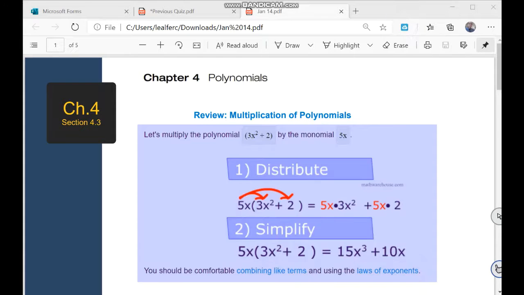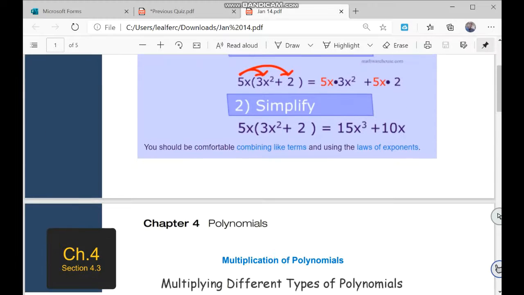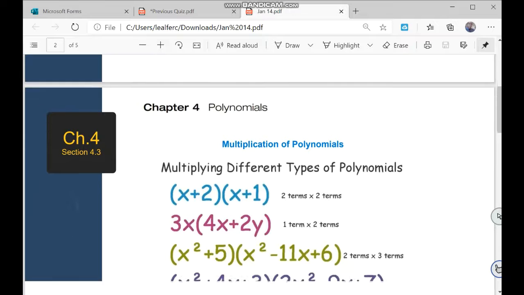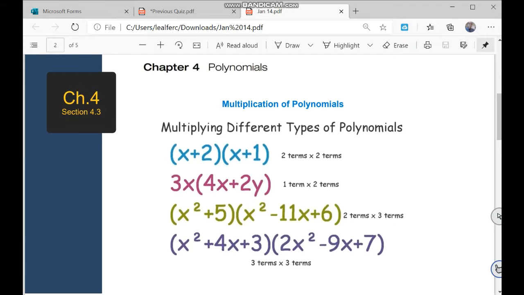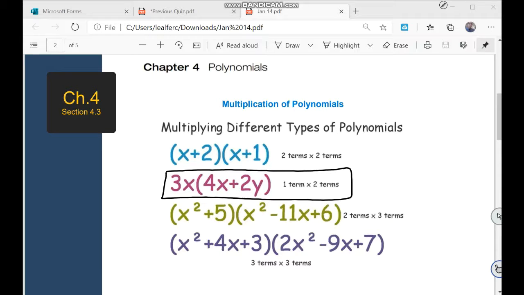But yesterday we just learned how to work with multiplication of monomial by a polynomial. Is this case here, when you have one term times two terms, or one term times three terms, or one term times several terms. But we have other options, other combinations.